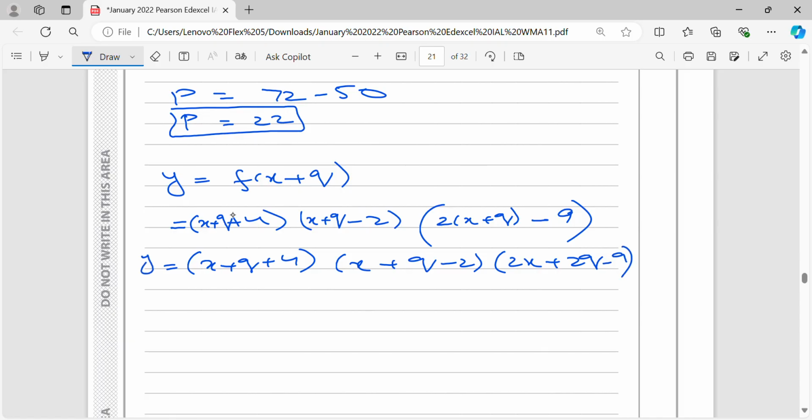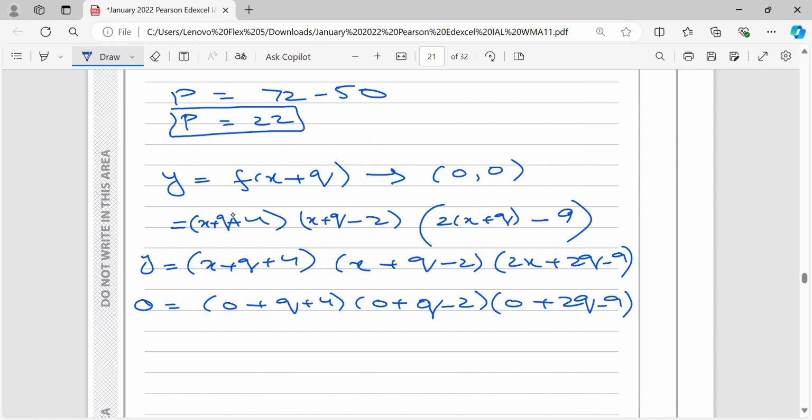Okay, then because we know that this function passes through the origin, that is (0, 0), it means y is 0 and x is 0 as well. I just replace x with 0 and y with 0. So what is left over? We have (q plus 4)(q minus 2)(2q minus 9) equals 0.